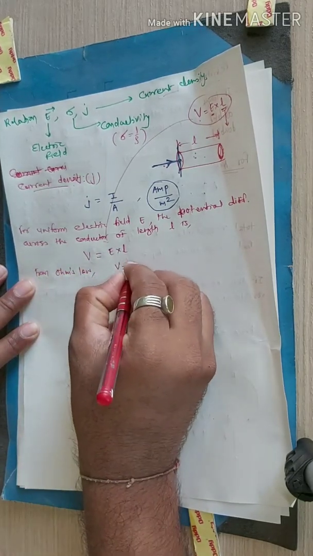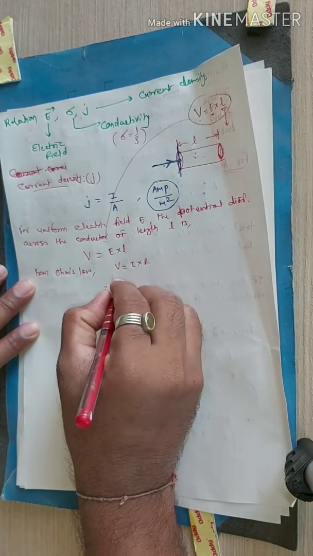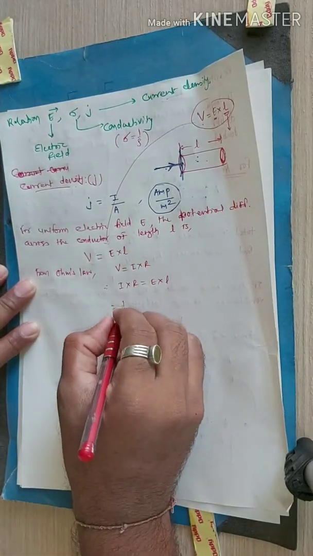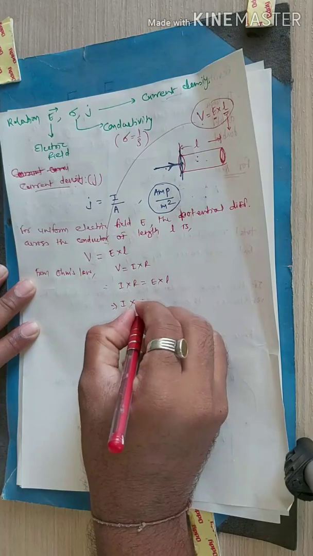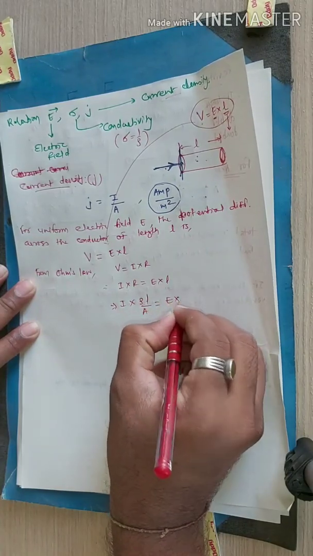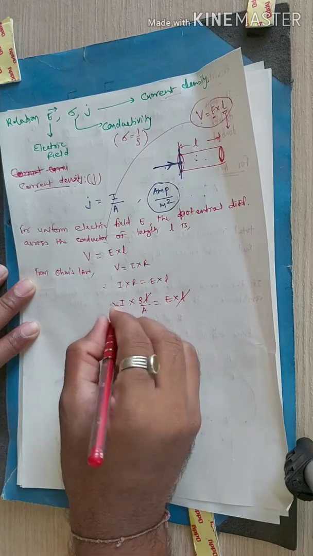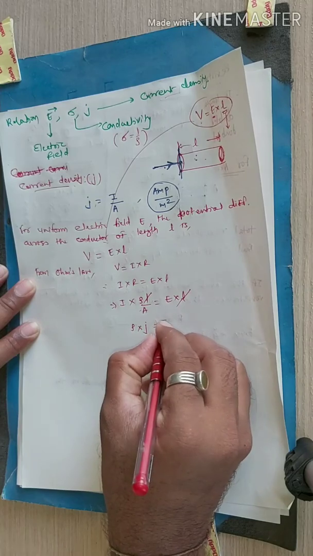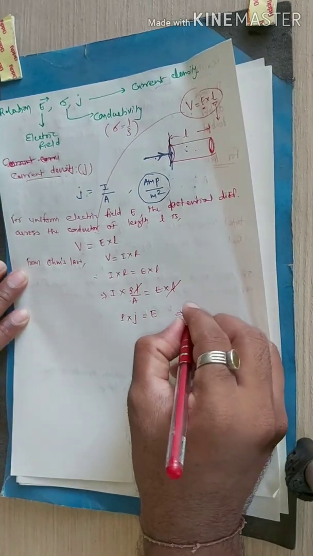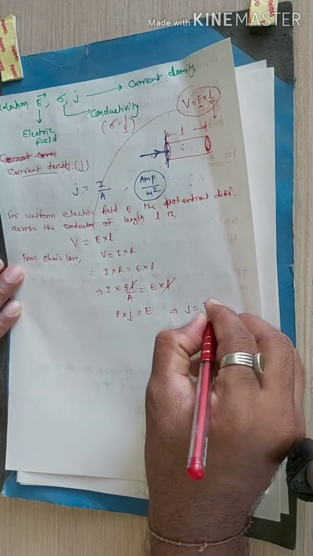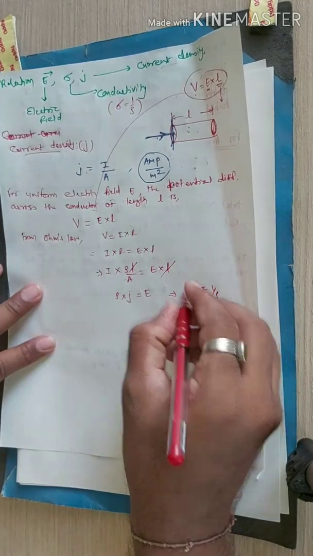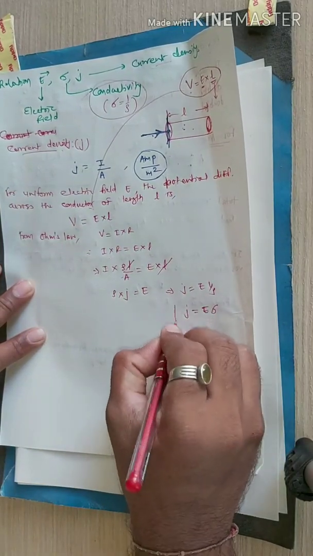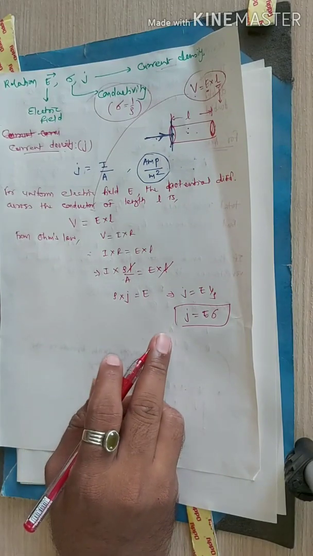Now from Ohm's law, V is equal to I into R. So I into R is equal to E into L. We put the equation of R, I into rho L upon A is equal to E into L. So L will get cancelled, and I upon A is the current density J. So rho into J is equal to E. So J is equal to E into 1 upon rho, and 1 upon rho is the conductivity.